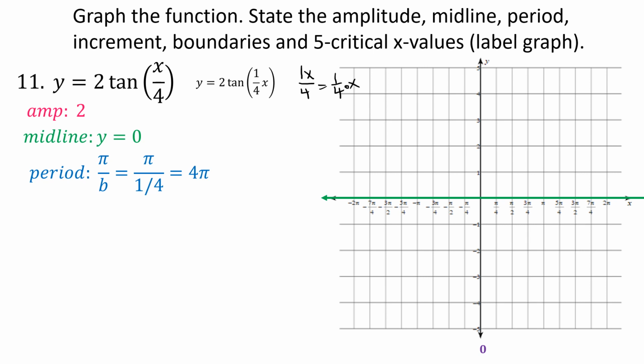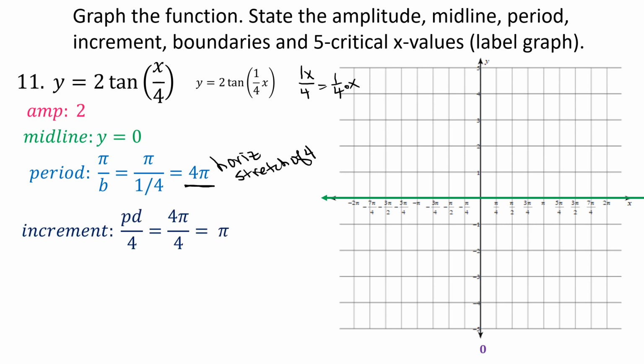When we simplify that, we will get a period of 4 pi. It is 4 times as long. We have a horizontal stretch or elongation by a factor of 4. Our increment takes the period and divides it by 4, so we're going to count by pi for the increment.